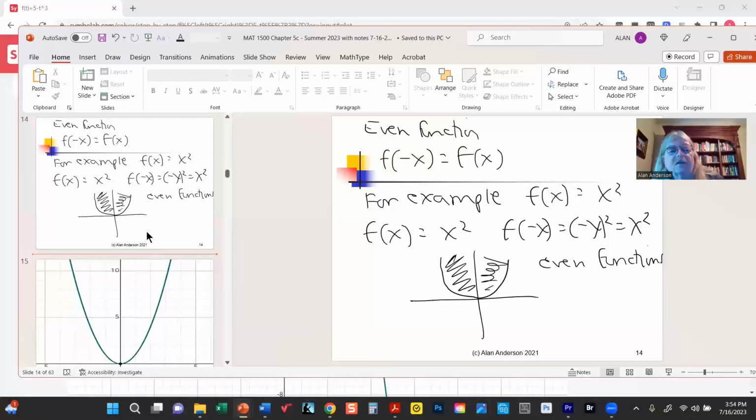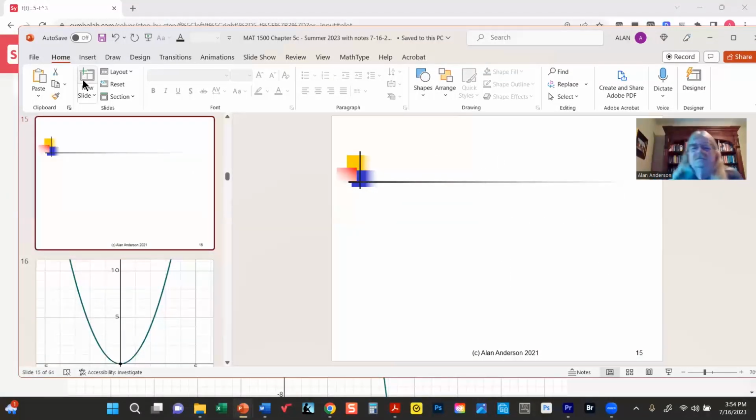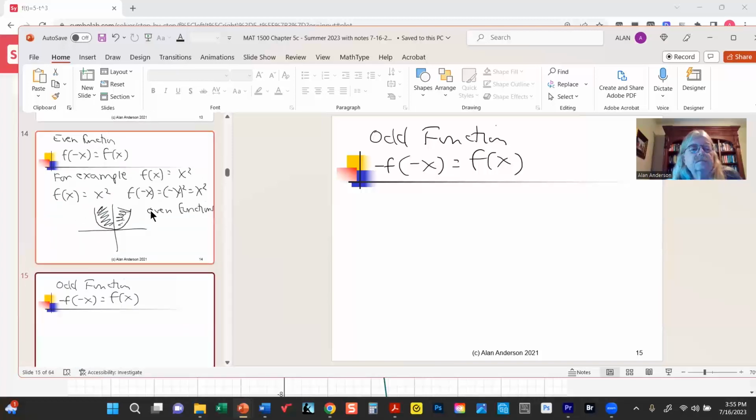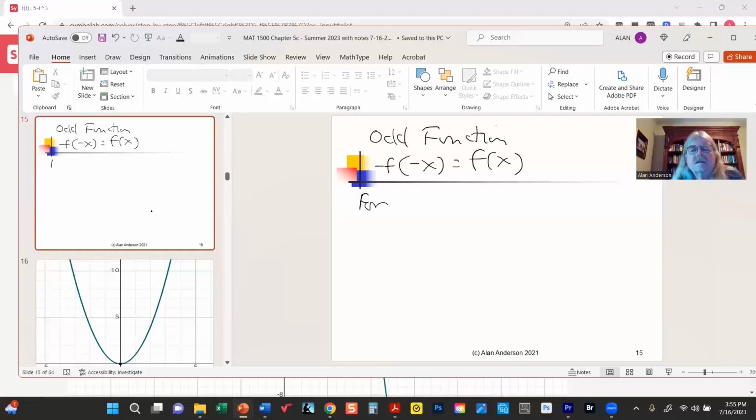What about an odd function? What is that? Well, this one tells us that if negative f of negative x equals the original function, then that means this is an odd function. So here's a good example. Y equals x cubed.